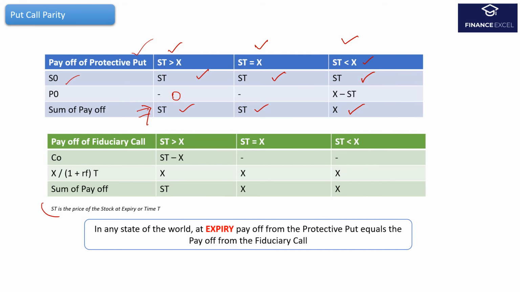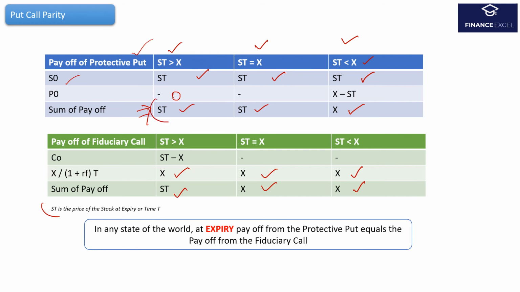And similarly, I had invested the present value of the strike price in a risk-free security. At expiry, that risk-free security should give me a payoff equivalent to the exercise price. So I add these up: I add the payoff from the call option and the payoff from the risk-free bond. What I get is ST, X, and X.